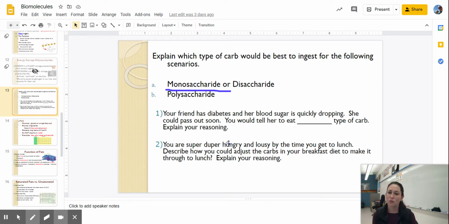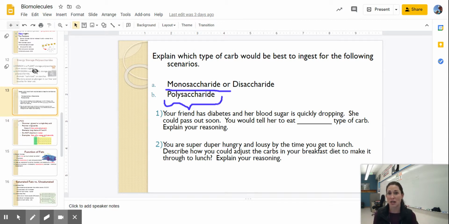Okay, let's pretend also that you're really hungry and you feel really lousy by the time it's lunchtime, which since I'm eating lunch at 2, this is true every day. If you want to make yourself feel better by the time you get to lunch, what could you do to adjust the carbohydrates in your breakfast to make it through to lunch? If you answered eat more complex carbohydrates or polysaccharides, that would be absolutely true.